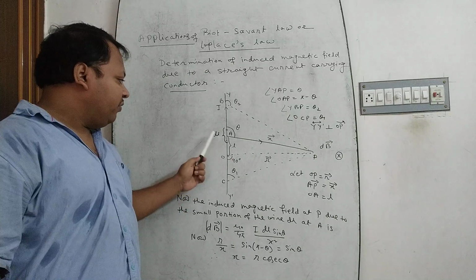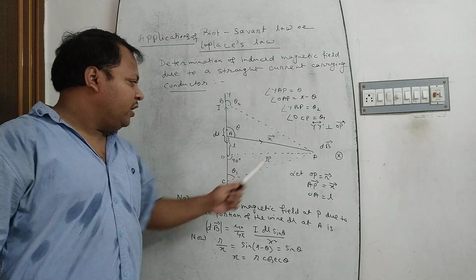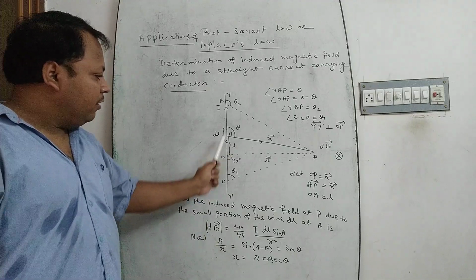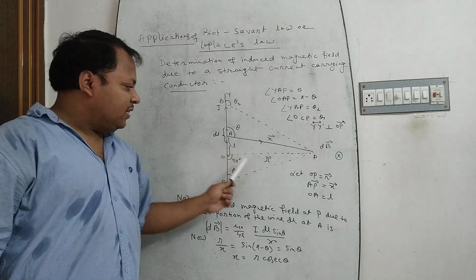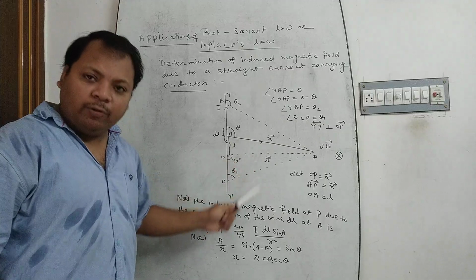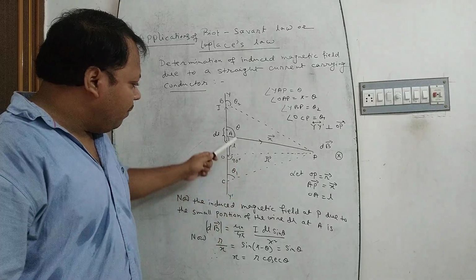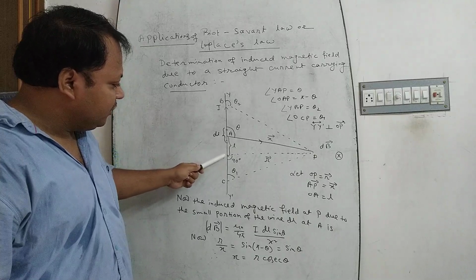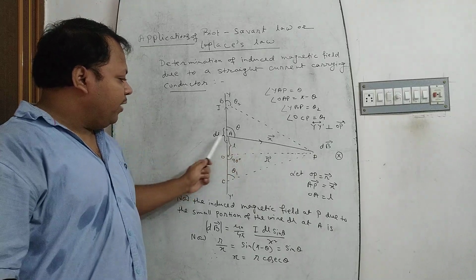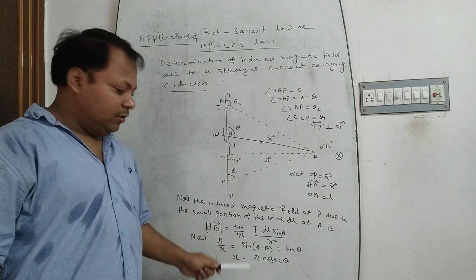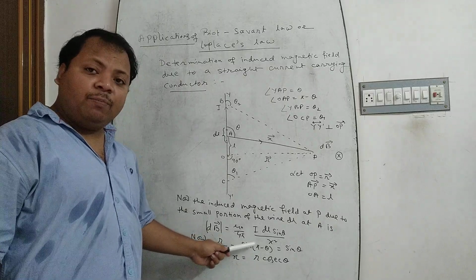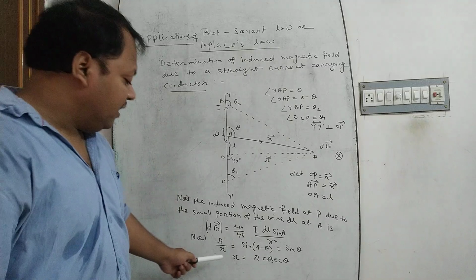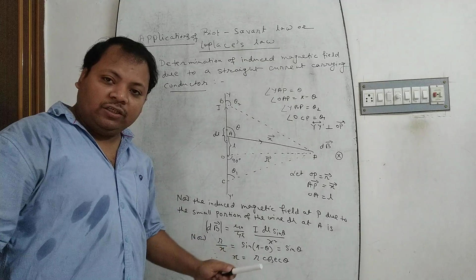Now, from the triangle AOP, you can write that r by x, that is normal by hypotenuse, is equal to sine pi minus theta. This angle is pi minus theta, that is OAP is equal to pi minus theta. You know that sine pi minus theta is equal to sine theta. That's why we can write that x is equal to r cosec theta.